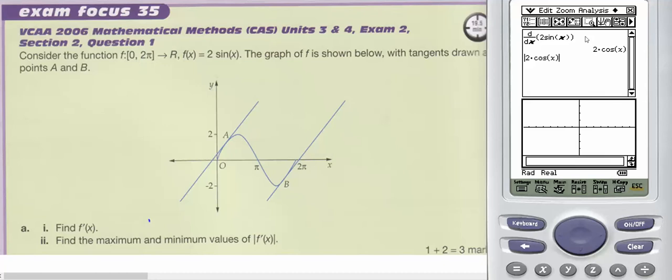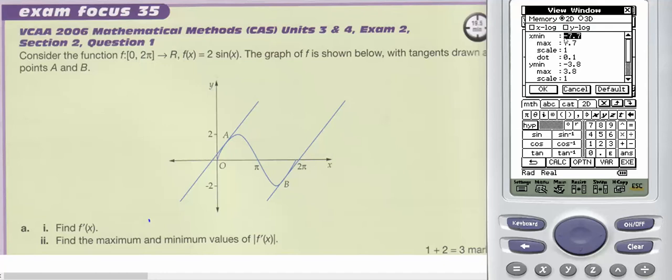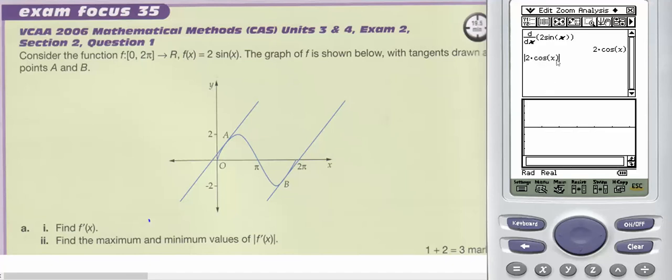and I wanted to graph it from 0 to 2 pi, take it, drag and drop, I'm going to have a minimum of 0 and a maximum of 2.